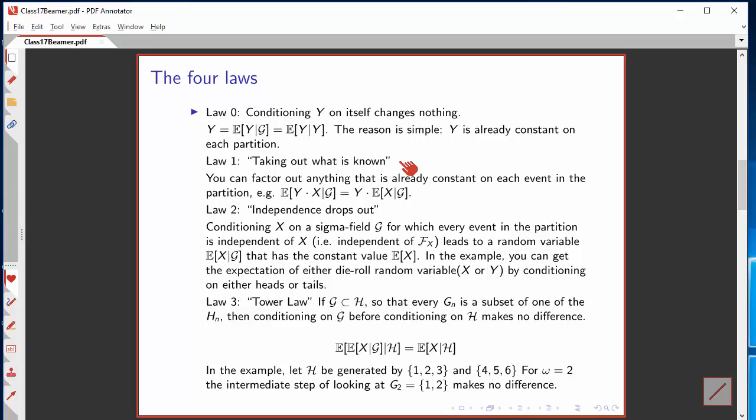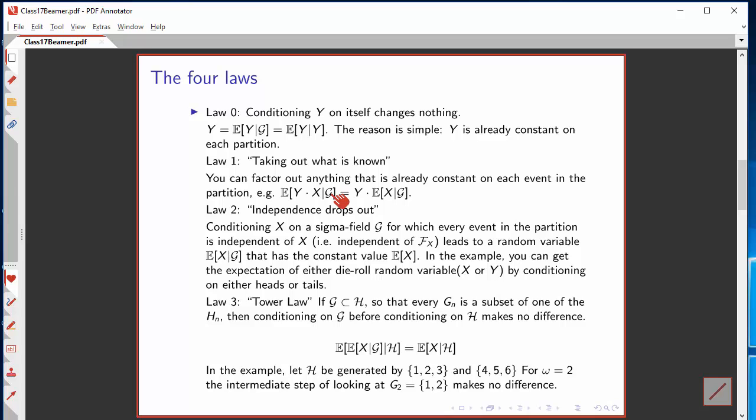Slightly more subtle laws. The first law is always called taking out what is known. And what it means is you can factor out anything that's already constant on each event in the partition. This means, for example, that if you're taking the expectation of Y times X conditioned on G, you can pull the Y out. And the reason is that on any element in the partition, Y is going to be constant.